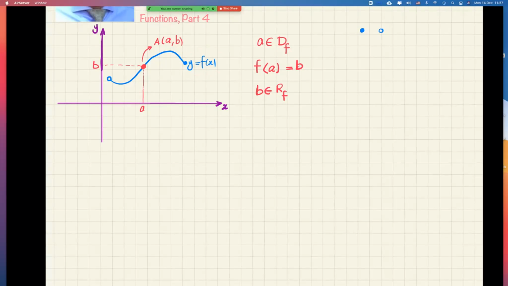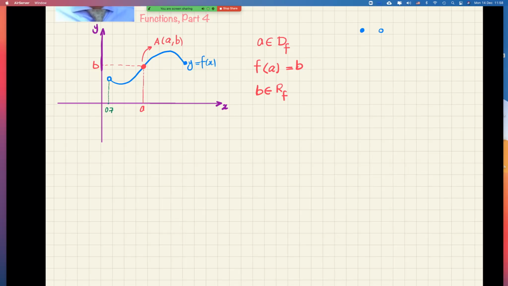So let me just talk about this one because that's also important. If I ask you what is the domain of this function, if you see this graph, then what you need to do is this. You need to find the shadow of this graph on the x-axis. So you will draw this point. Assume that this is 0.7.